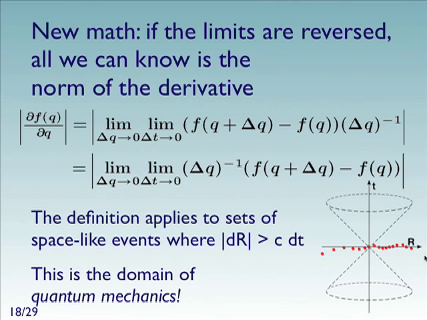So that would be the whole reason why we have this division between classical physics and quantum mechanics: that when we do the calculus of space-time correctly, we have this natural division between a directional derivative and a norm derivative.